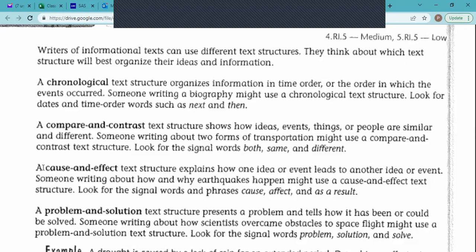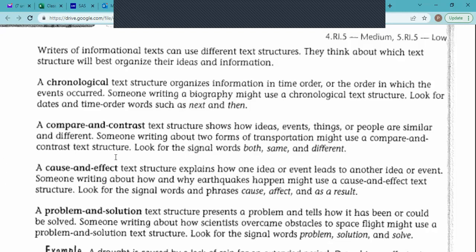And that should hopefully remind you of an earlier text that we read where I underlined all those key words. And I said, hey, this comes in chronological order. So dates and those key words, okay? Like a recipe may say first, second, next, then, last, or finally, okay?